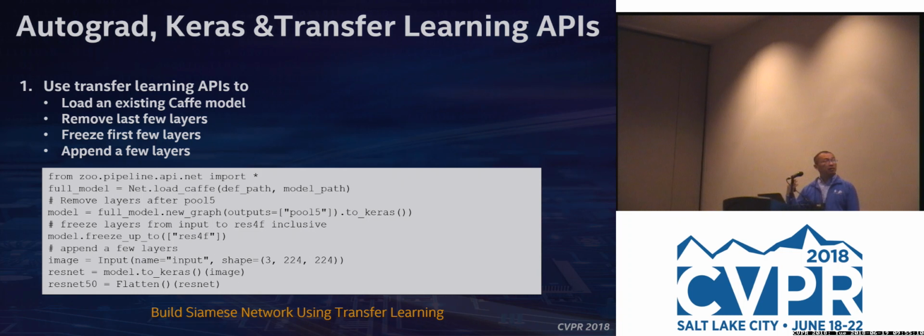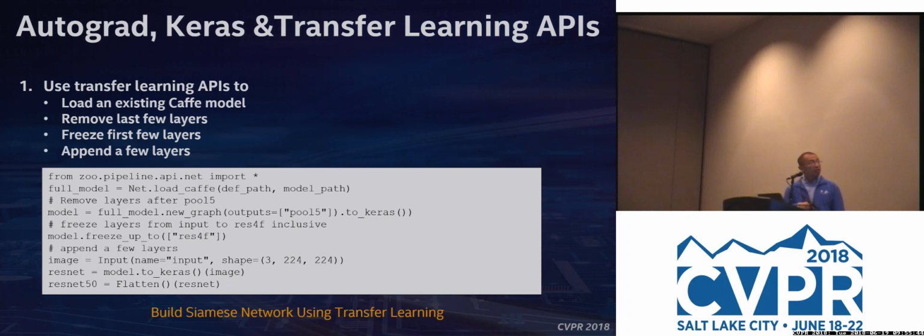It provides support to load BigDL, Caffe, TensorFlow, Keras, or Torch models directly into Spark. So in this case, you directly load the existing Caffe model. And then you can remove several layers. This is supposed to be an Inception V1 model, for instance. You can remove some of the layers after pool5. So once you load the model, you can generate a new model, which in this case has the output of pool5.